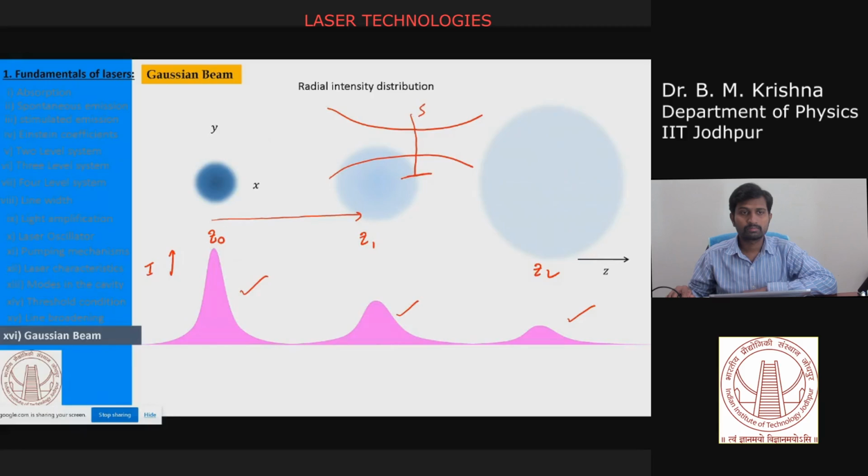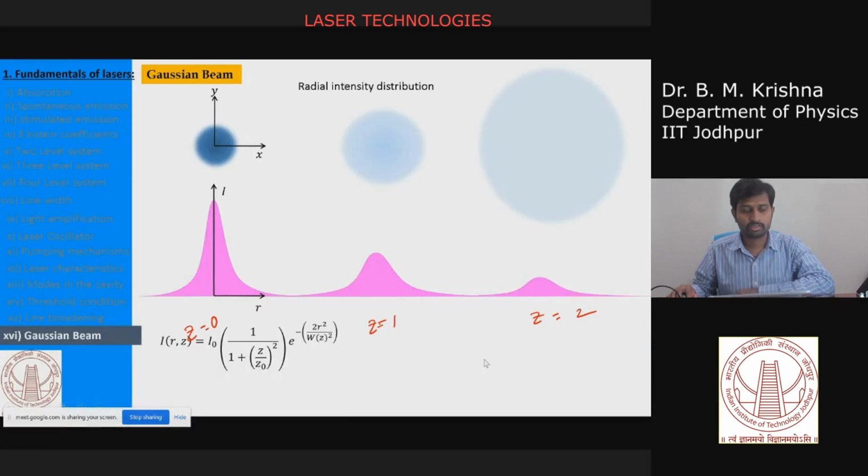So this flexibility we will get. There are many applications using Gaussian beams, and this is one of them. For example, if you want fixed intensity, you can always fix the position of the sample, or if you want intensity variation, you can move the sample along your focal plane.